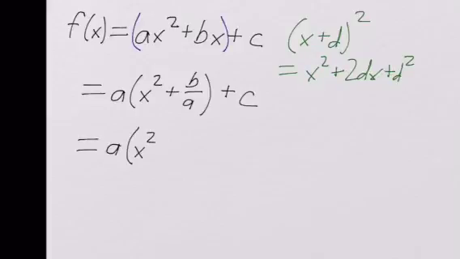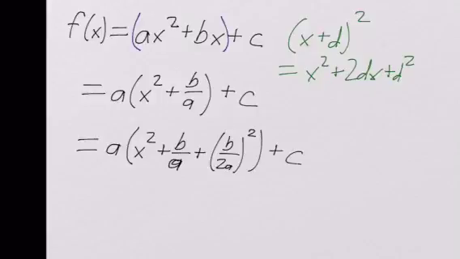At this point, I'm going to actually do that literally. So I get a times x squared plus b over a plus b over 2a squared plus c, and then I've got to do things a little bit differently here because I added that b over 2a squared inside the parentheses and I multiplied by an a outside.